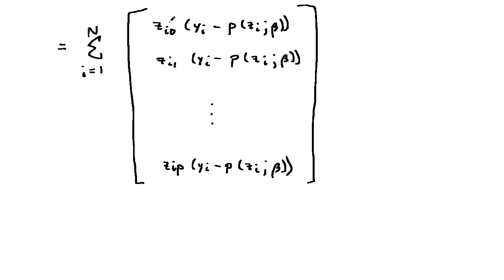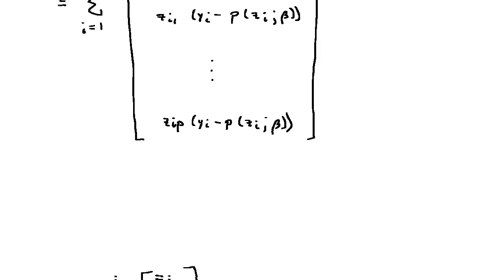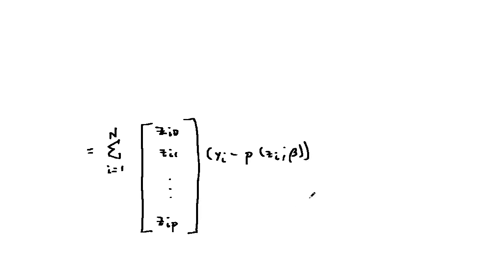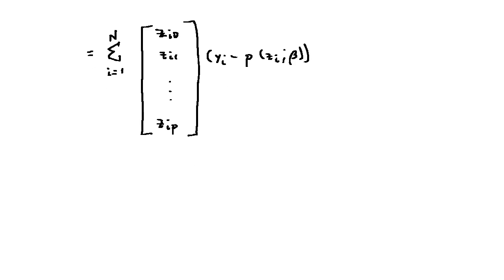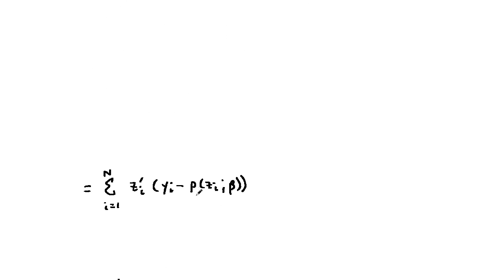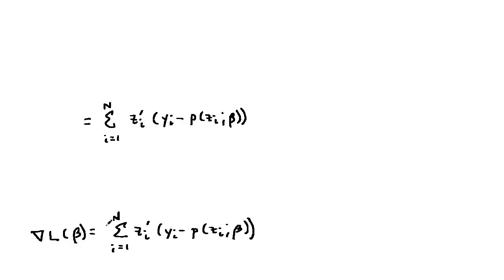Notice that there's y_i minus p of z_i in every entry here. We can pull that out, and we get this. Notice this here is just z_i prime, so we can rewrite it like that. Thus, the gradient of L is given by this sum here.